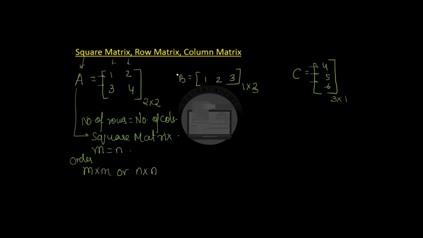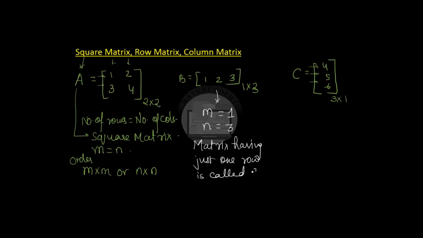Let us see matrix B here. In matrix B, the number of rows m is 1. There is 1 row and there are 3 columns. So a matrix having just 1 row is called a row matrix. So in this case, B is a row matrix.